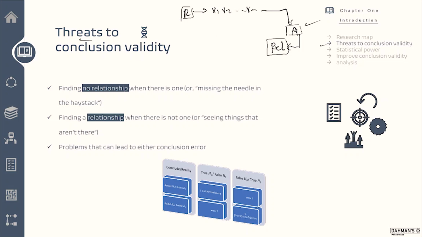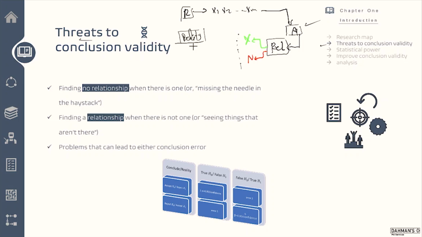And there are two possible outcomes from this analysis. The first one is to say, yes, actually I found there is a relationship. Alternatively, you might say, no, actually I found no relationship exists between those variables. Now, what is the issue? The issue is once I split this to look at the reality.